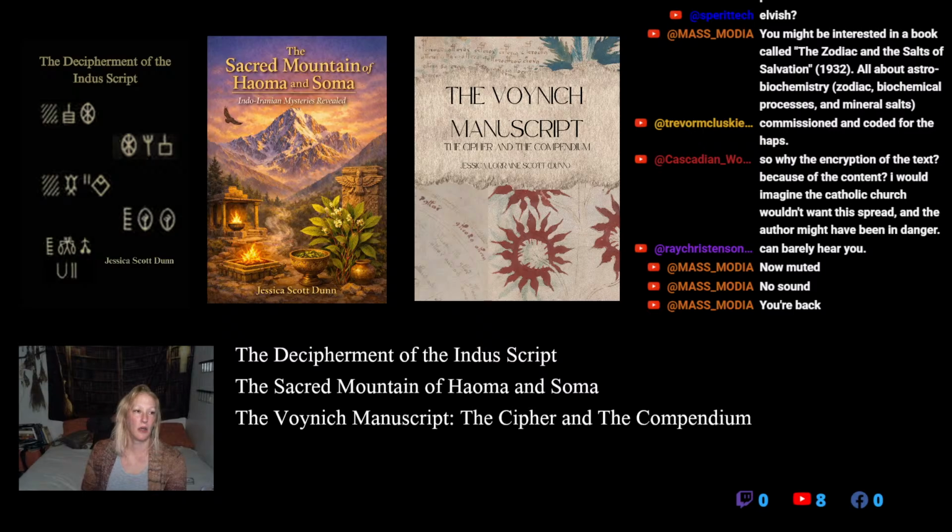Okay, so this is my decipherment of the Indescript. And this one is about the identification of the sacred plant, which is called Haoma in Zoroastrian religion, and Soma in Vedic religion. You have to remember that the Zoroastrians, the Persians, were at one point the same people in deep time as the Vedic people, Indo-Aryan.